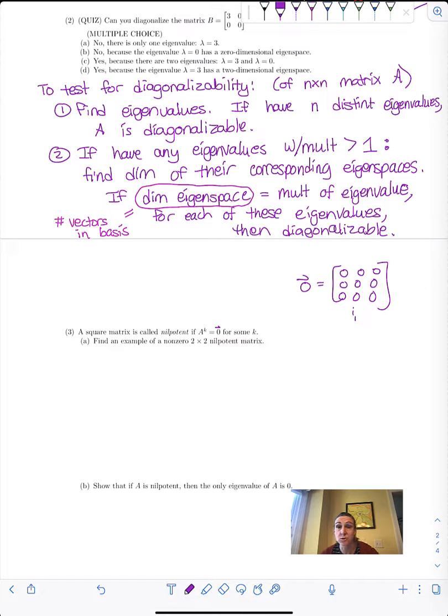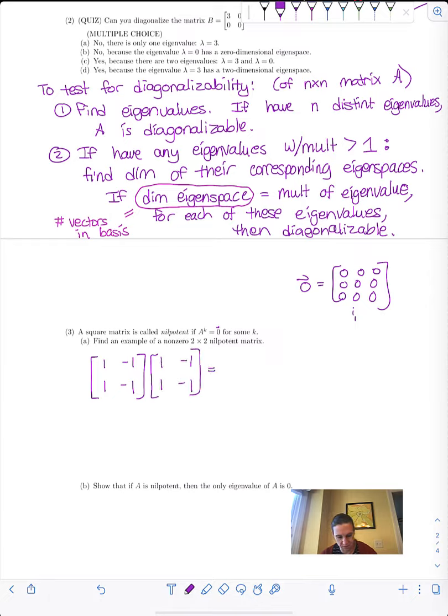Well, that's not true. If you take the matrix [1, -1; 1, -1] and multiply it by itself, let's look carefully at what happens.